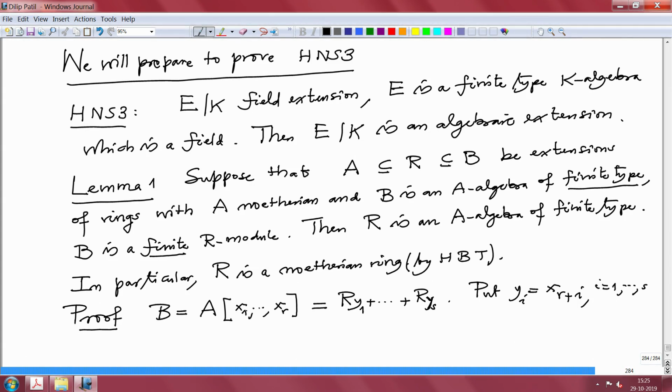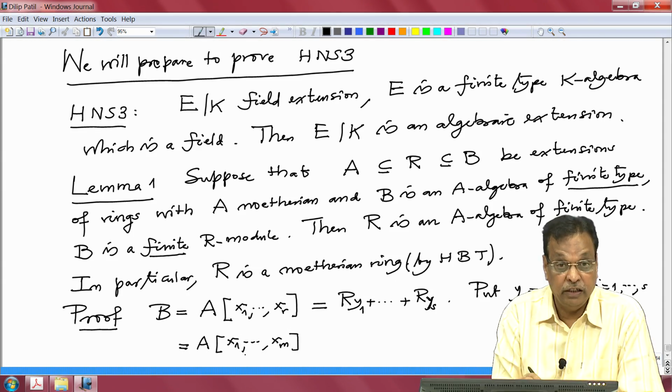Similarly, B will also be equal to A[x1, ..., xm] and I will put m equal to r plus s. I added more elements, so it will still generate because the generating set is contained there.